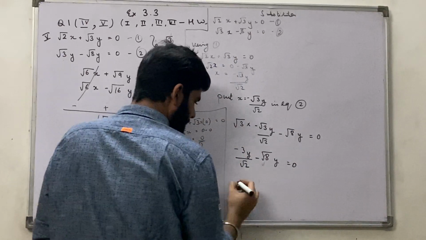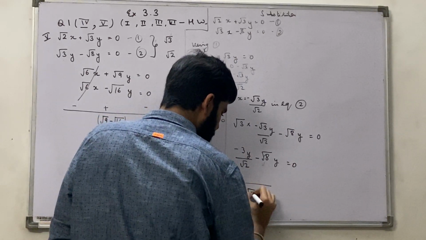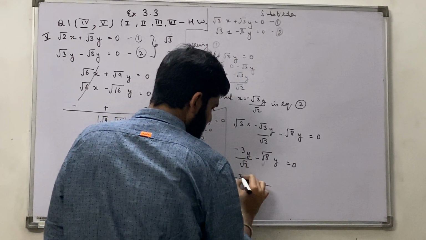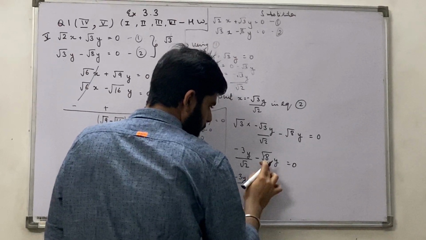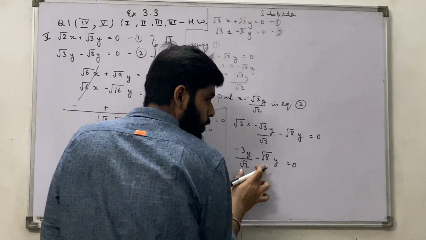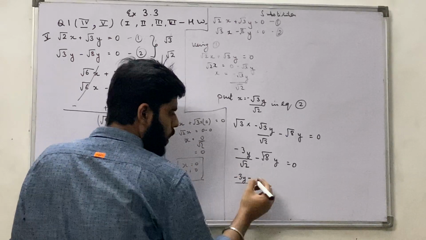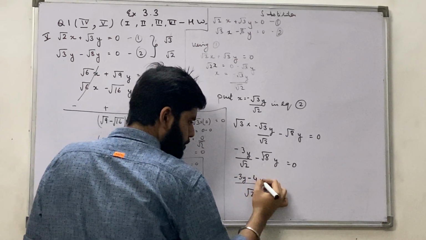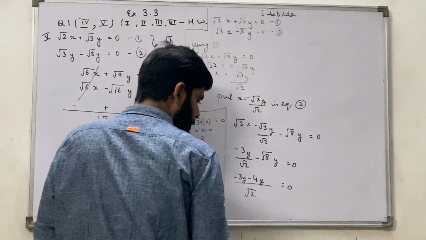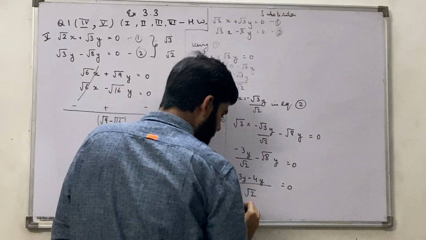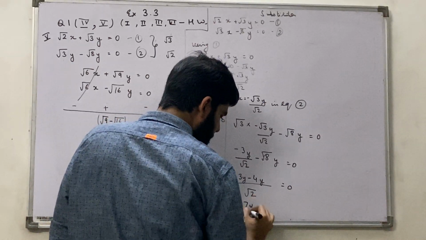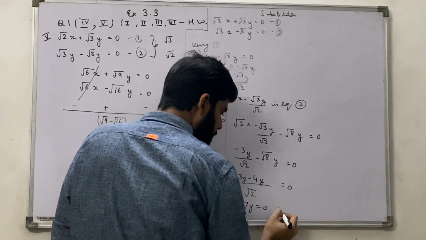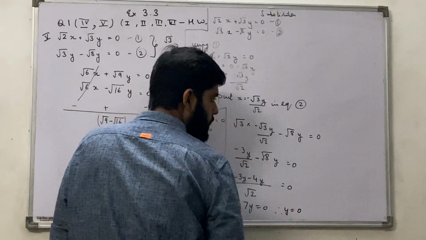We will take the LCM. This comes out to be under root 2, minus 3y minus, this will convert to root 16. Root 16 is what? 4y. Okay. This root 2 will go over there. Hence we can write minus 7y is equal to 0. Therefore y comes out to be 0.